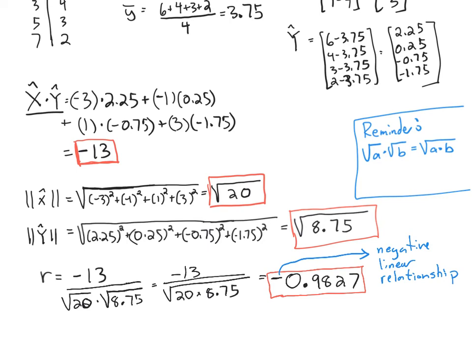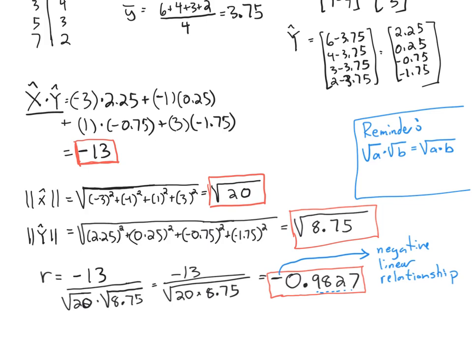And for the most part, the values of r have the same kind of idea as r squared. The closer you are to 1, the stronger the relationship. So if it was exactly positive 1, then you would have a perfect positive linear relationship. If it was exactly negative 1, then you'd have a perfect negative linear relationship.